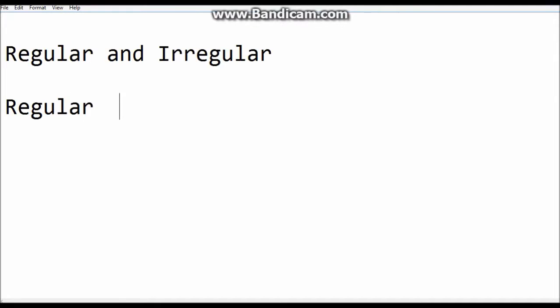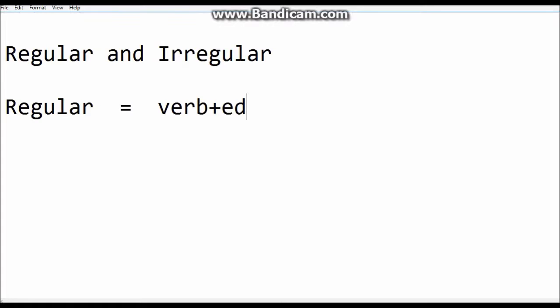For regular verbs, we simply add ed to the end of verbs. For instance, talk, talked, stop, stopped, stay, stayed.